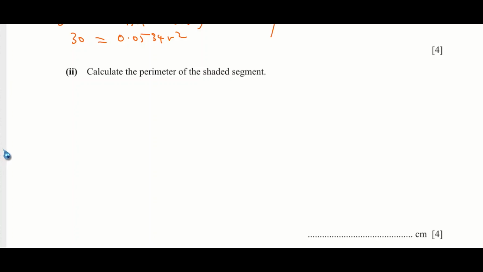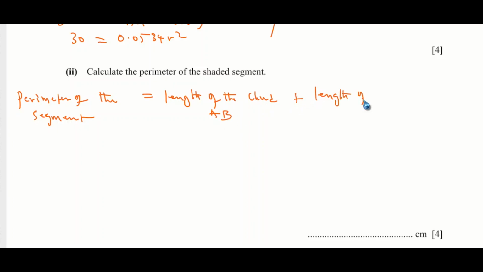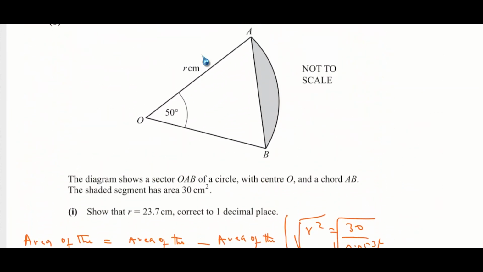Calculate the perimeter of the shaded segment. So the perimeter of the shaded segment will be equal to the length of the chord AB plus the length of the arc AB.